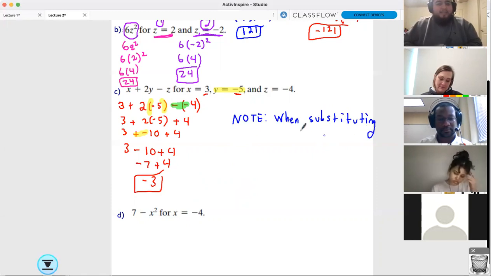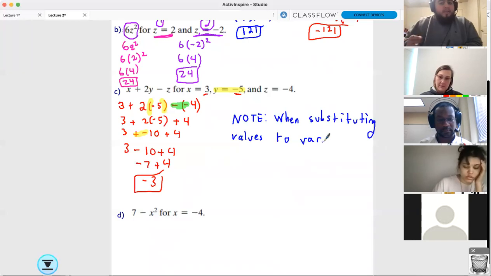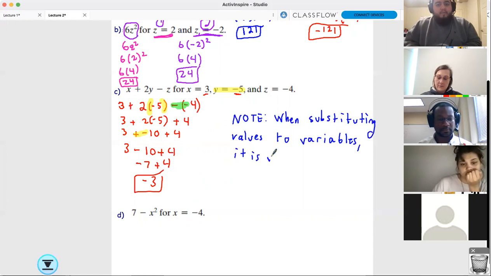So when substituting values or numbers, right? Values to variables. Remember, I'm using mathematical terminology. You're college students now, so I'm not going to baby you. So when substituting values to variables, it is very important to place parentheses.